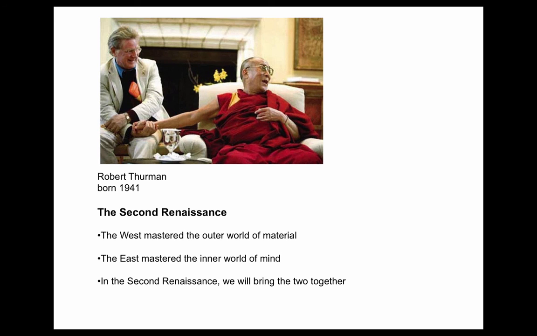And he proposes that we're entering what he calls a second Renaissance. He says, with the Renaissance, the West mastered the outer world of material. In the meantime, the East mastered the inner world of mind. In the second Renaissance, we will bring the two together.